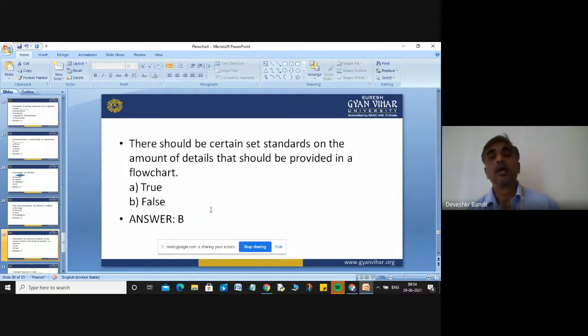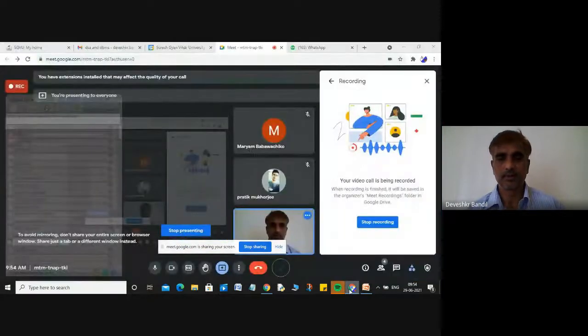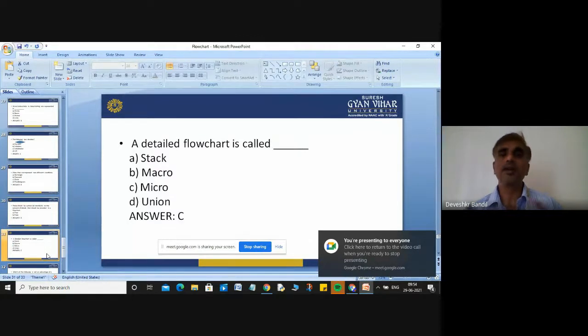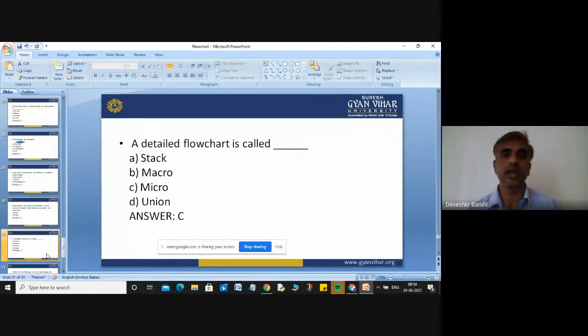There should be a certain set of standards on the amount of detail that should be provided in a flow chart. Obviously your answer will be false, that is B. A detailed flowchart is called stack, macro, micro, and union. So the detailed flowchart is called micro. Your answer will be C.